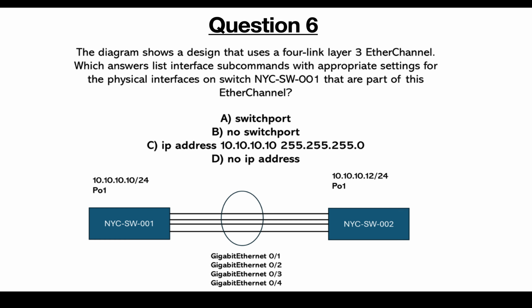So which answers are listing interface subcommands with appropriate settings for the physical interfaces on switch NYC SW001 that are part of this ether channel? A, switch port, B, no switch port, C, IP address 10.10.10.10, 255.255.255.0, D, no IP address.